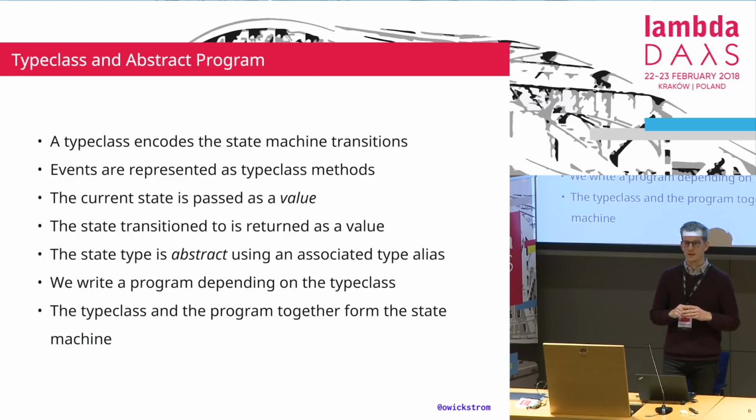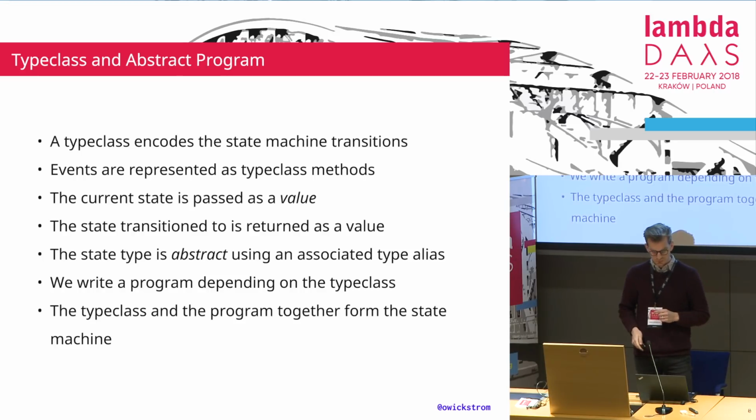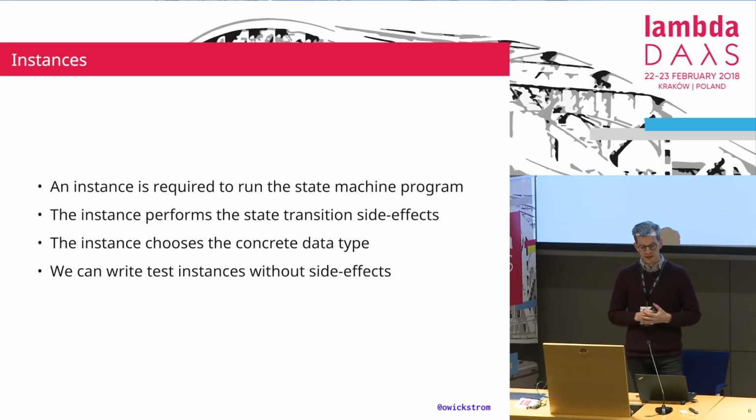This means that the instance of the type class will choose the concrete state type, and we will just talk about some abstract state type. And then we write a program depending on only the type class, and together they form the state machine program at some abstract level.